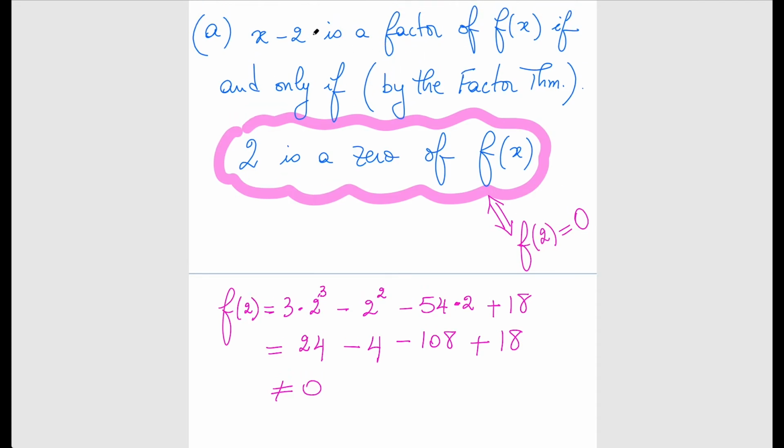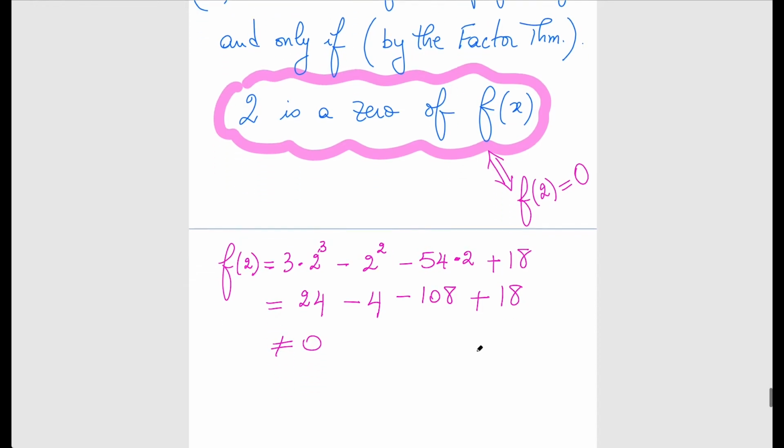Make sense? So if you actually go through the trouble of doing the long division, f of x divided by x minus 2, you're going to find a number which is f of 2, and it's not going to be 0, the remainder.